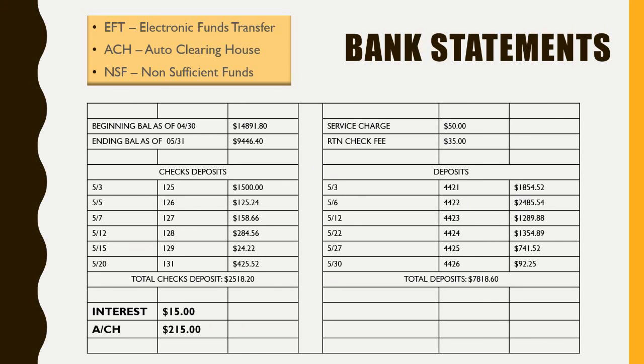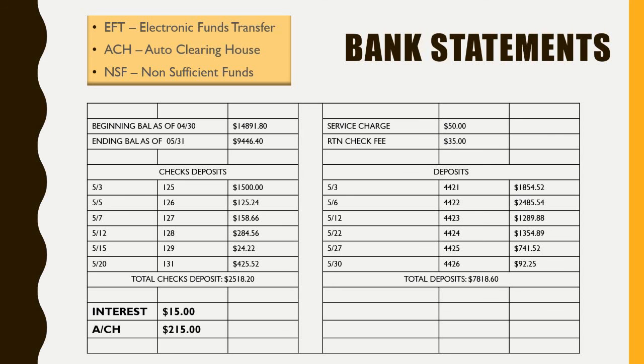And when we take a look at our bank statement, here it is at the very bottom. We have interest, and usually it will tell you how much interest you're collecting. And again, we have what's called an ACH, which stands for automated clearinghouse, which usually is determined by EFT, electronic funds transfers.